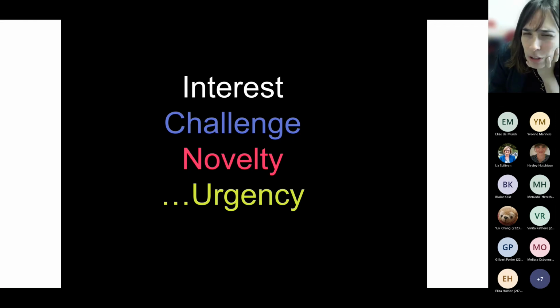What might motivate someone who's neurotypical is a bit different. They'll probably be motivated by things like the importance of the task, the rewards of the task, and at the other end of that, the consequences for not doing it.